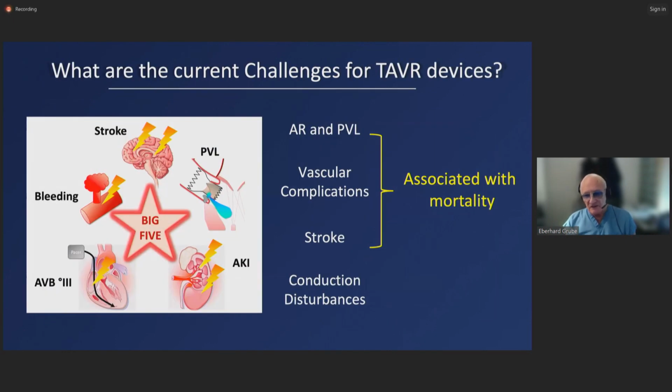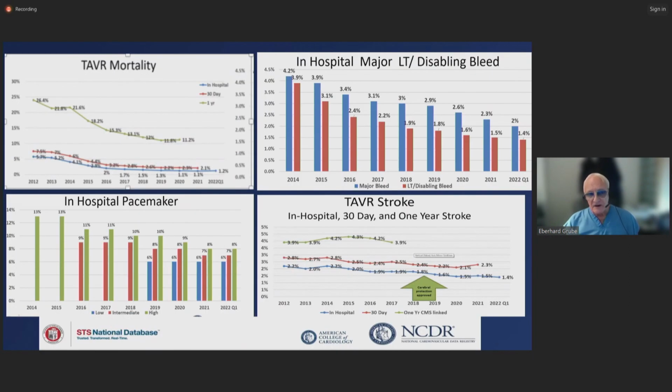The current challenges for TAVR devices, the big five we are dealing with, and some are associated with mortality, and I believe we can summarize we're doing quite well. Mortality came down, bleeding complications came down, pacemaker rates came down, and the stroke rate is not coming down, but it is in an acceptable range. However, hovering between, depending on what data you look at, between 3 and 3.5%.